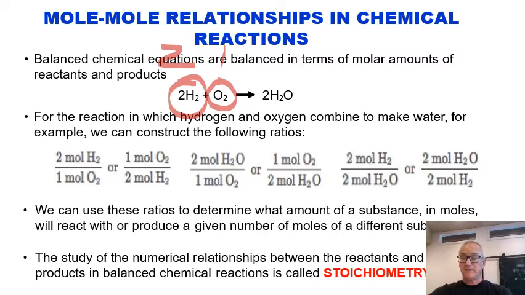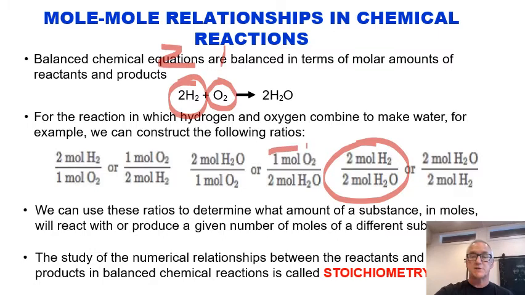So for every 2 moles of hydrogen molecules, we get 2 moles of water. So it's a 1-to-1 relationship. For every 1 mole of oxygen, we get 2 moles of water.